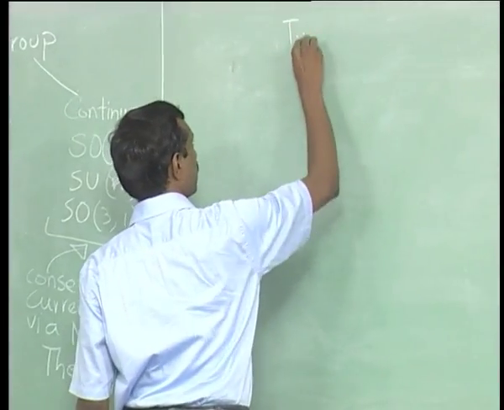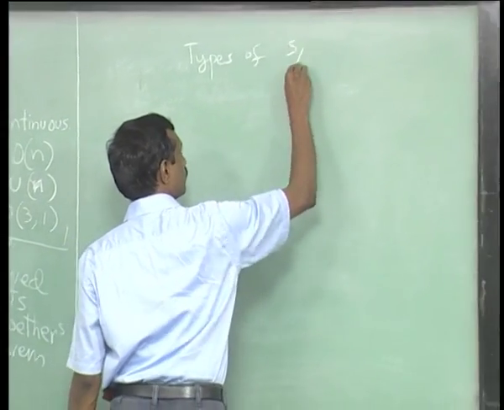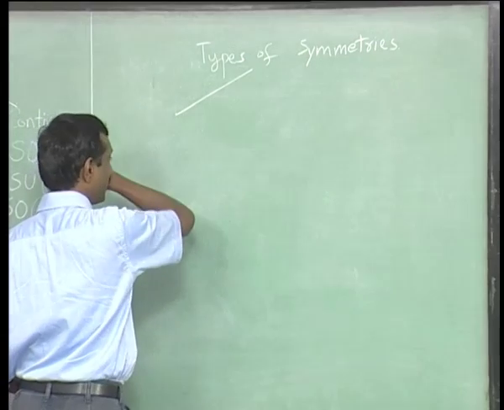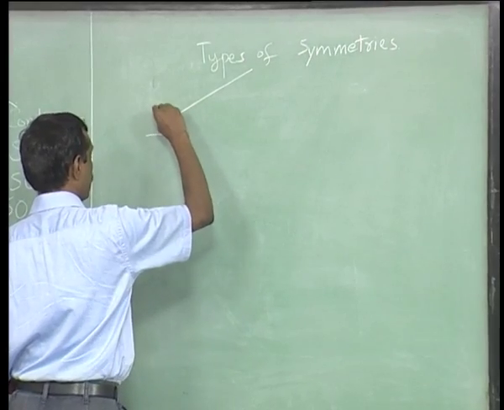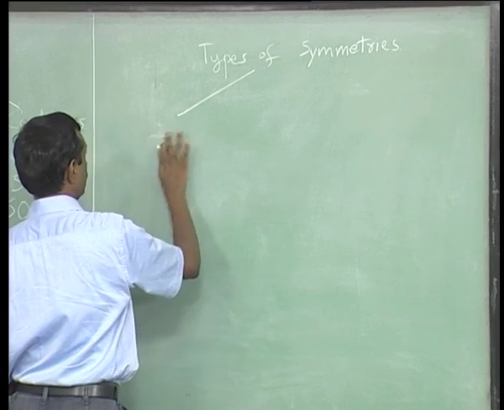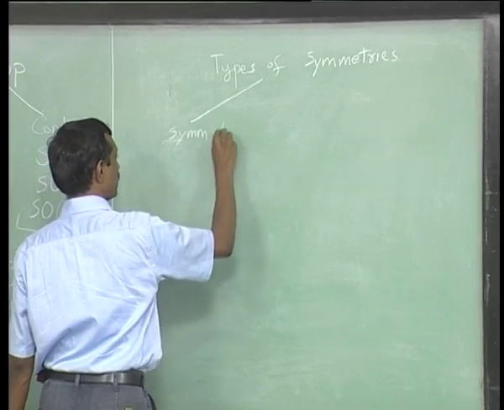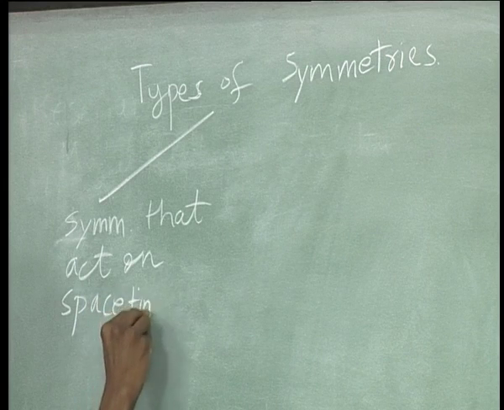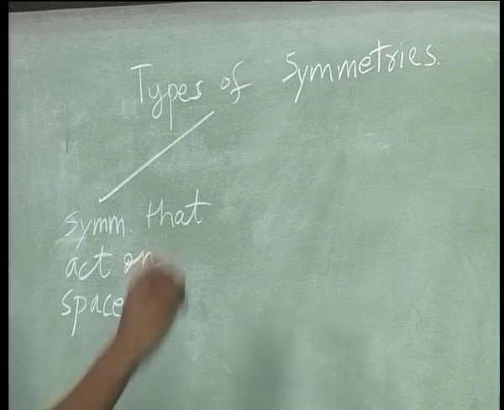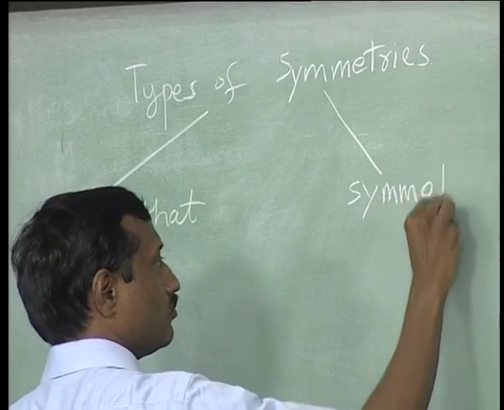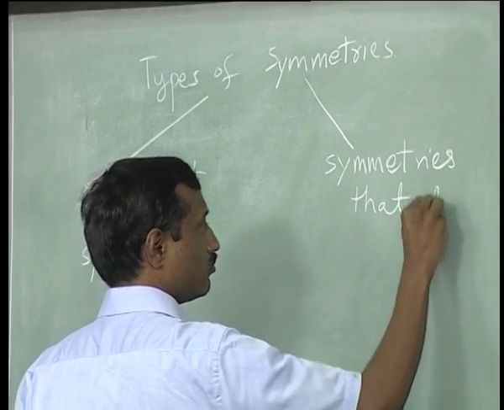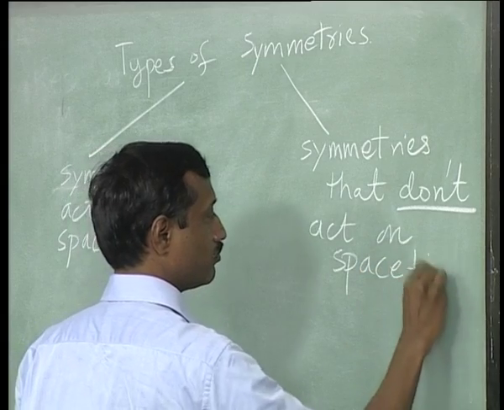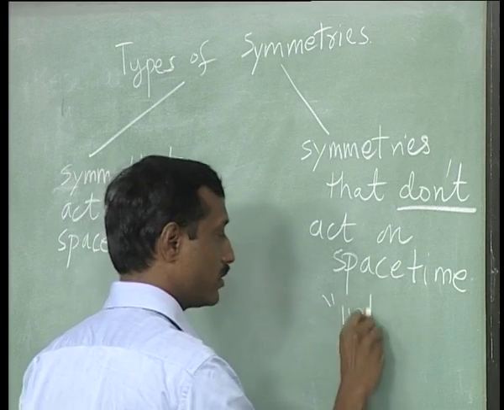So, types of symmetries we will say: these are symmetries that act on spacetime, and symmetries that do not. Such symmetries that do not are actually called internal symmetries.